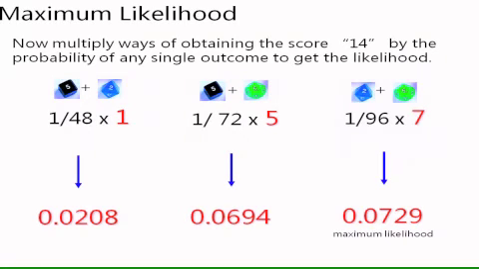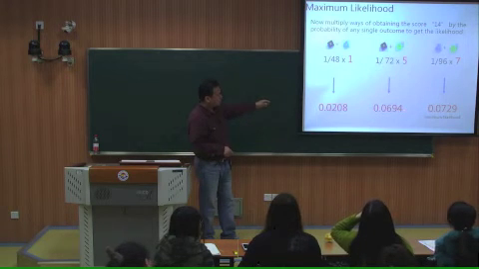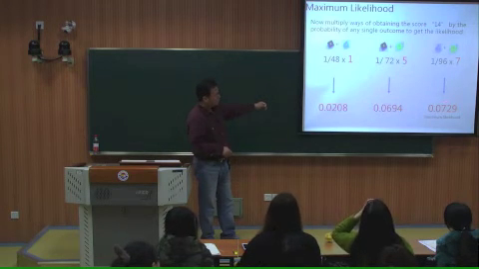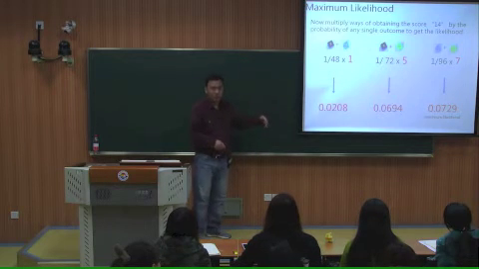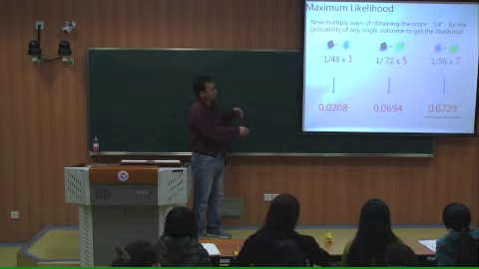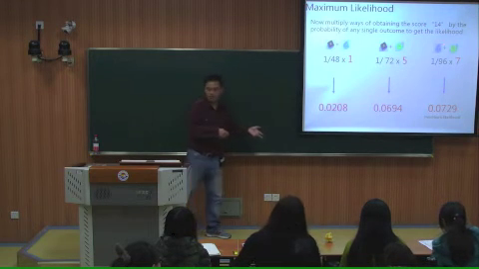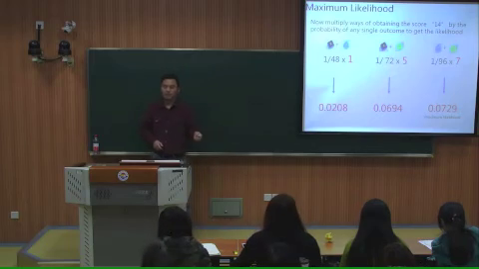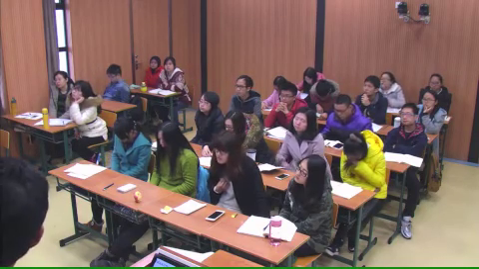So these numbers are the likelihoods. We calculate them, and you choose the one with the largest likelihood. This is our maximum likelihood estimation. If the guy chose the 6-face and 8-face dice, he has a higher probability than if he chose the other ones.